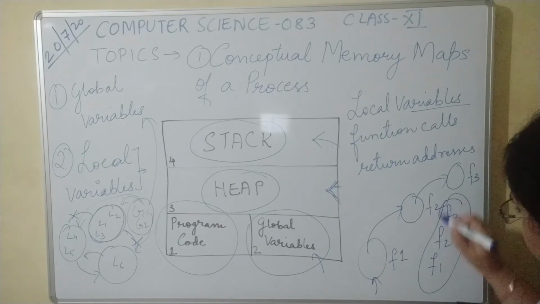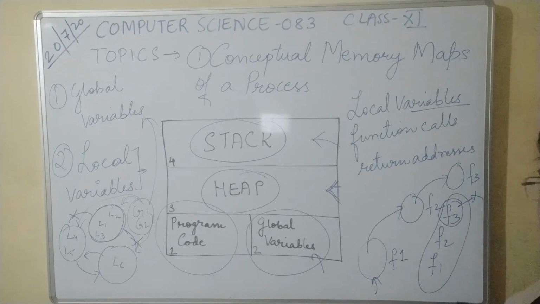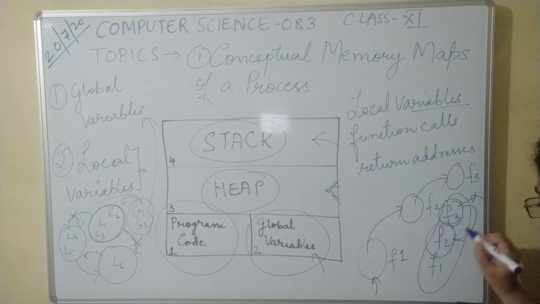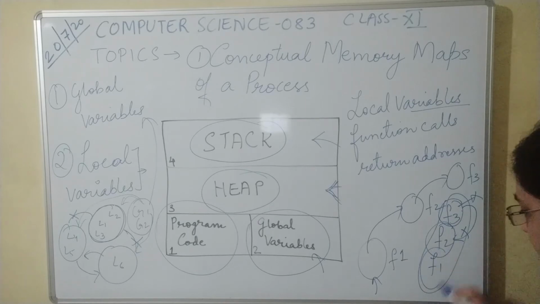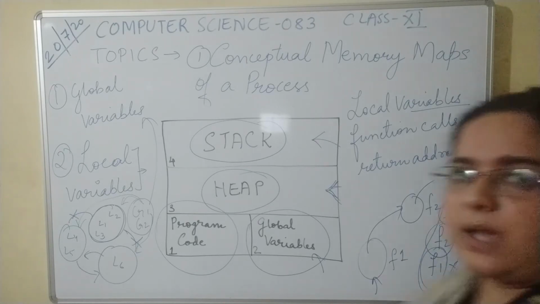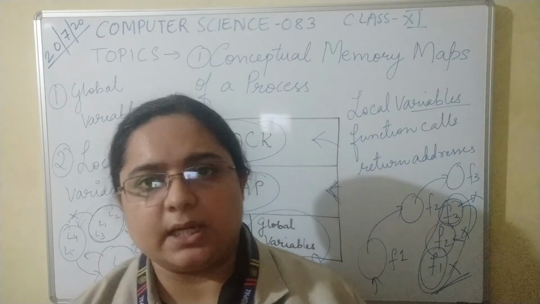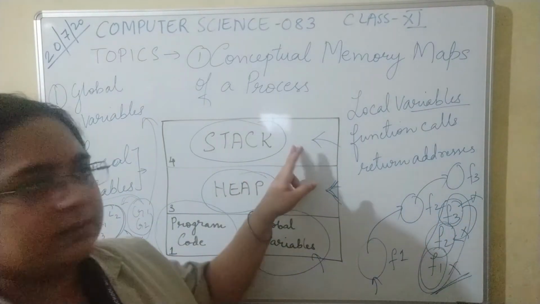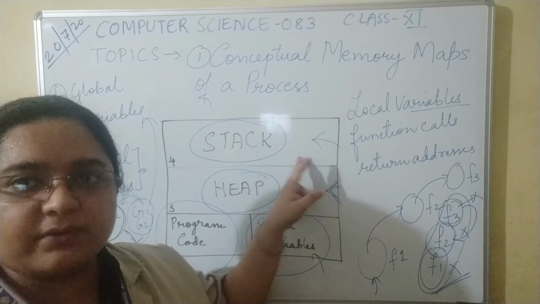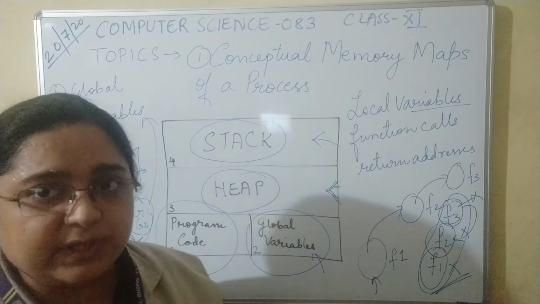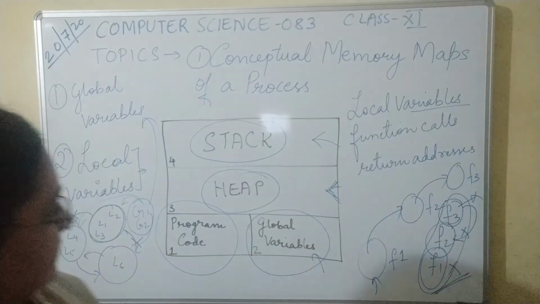Now first of all, function 3 will complete its execution. Only then we will be able to come to function 2. Then function 2 will complete its execution. Then we'll come to function 1. Then it will complete its execution, and the program will finally terminate. Stacks is a detailed topic of data structures which we would be taking up later on.